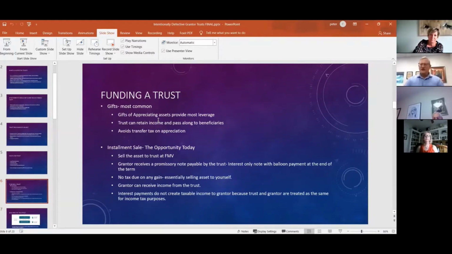The opportunity today, in my opinion, is the installment sale, which is where we are going to sell the asset to the trust at fair market value. The grantor is going to receive back a promissory note. Oftentimes that's structured as an interest-only note with a balloon payment at the end of the term.